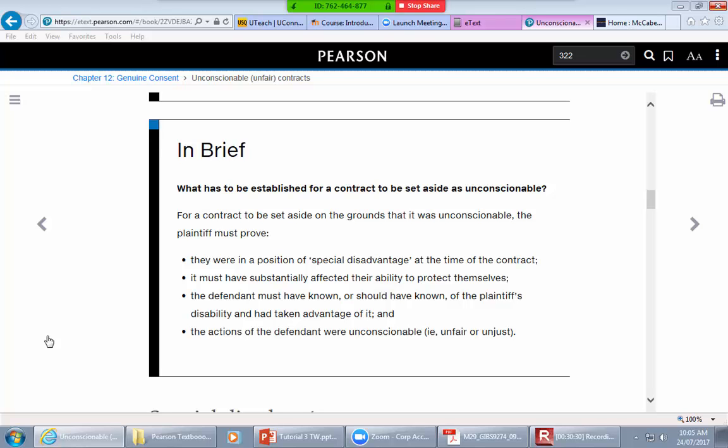The defendant, the pastor, must have known or should have known, so what we call actual or constructive knowledge, of the plaintiff's, the congregation's disability, and had taken advantage of it. And finally, the fourth element: the actions of the defendant, the pastor, were unconscionable, i.e. unfair or unjust.